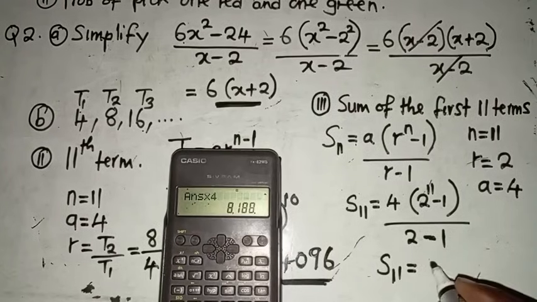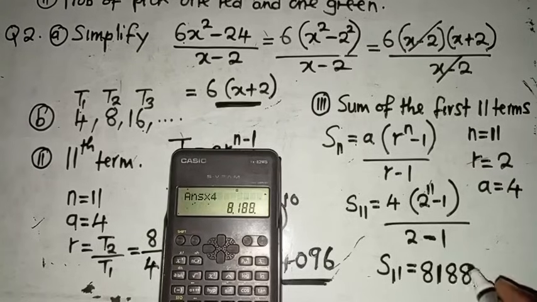What answer am I getting? 8188. Here, 2 minus 1 is just 1. So this is the answer we need to find there.